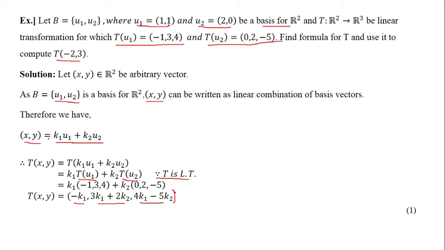Now we have (x, y) equal to k1 u1 plus k2 u2. In this equation put u1 as the ordered pair (1, 1) and u2 as (2, 0) and simplify. Multiplying k1 and k2 inside, the first component is k1 plus 2k2 and the second component is k1.